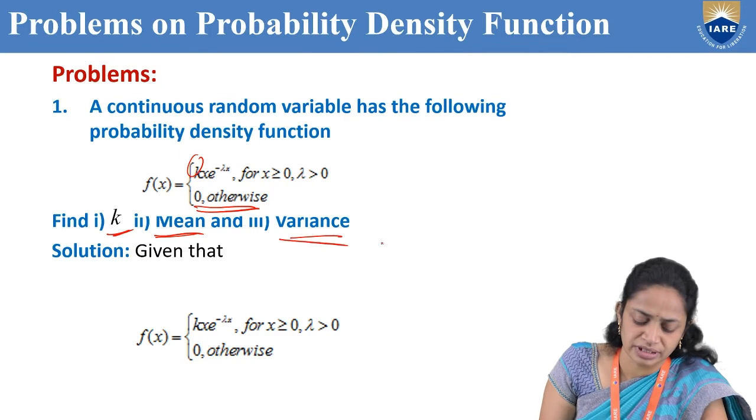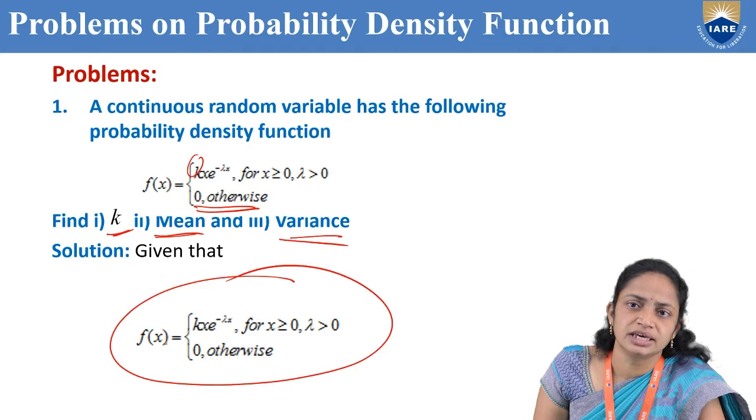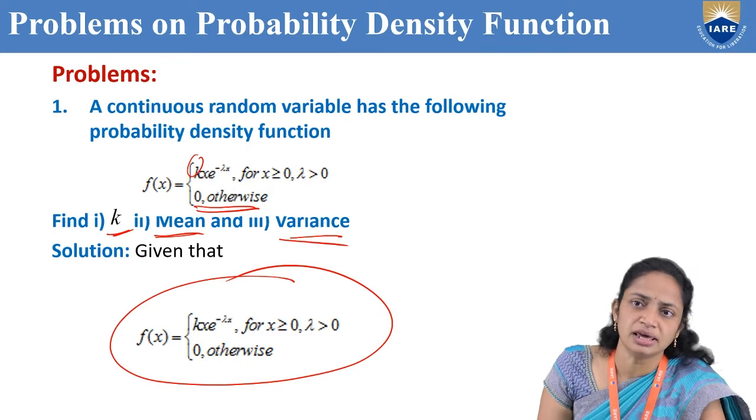Given that our function is f of x equals kx e power minus lambda x, where x is greater than or equal to 0, lambda greater than 0, and 0 otherwise. Here lambda is any parameter, so we should focus on the k value. How to find the k value?